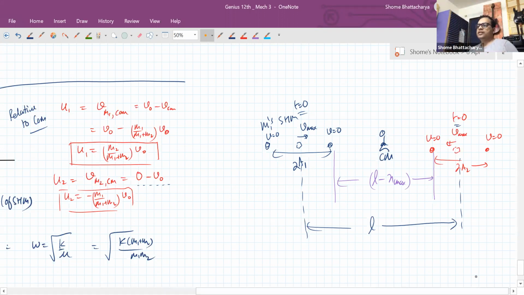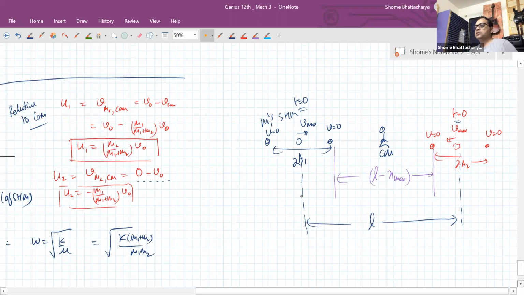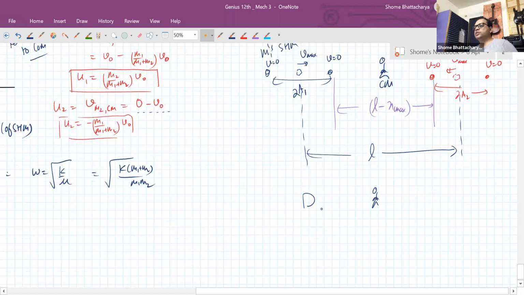In fact, at t equal to 0, with respect to center of mass, they are both at their mean position of SHM. Okay, but this distance is L between them.